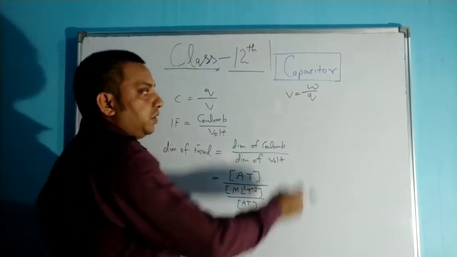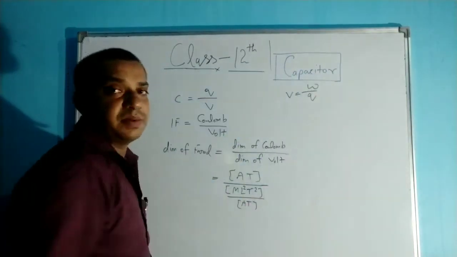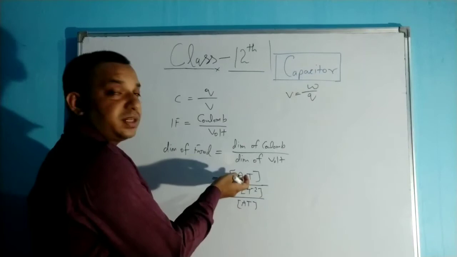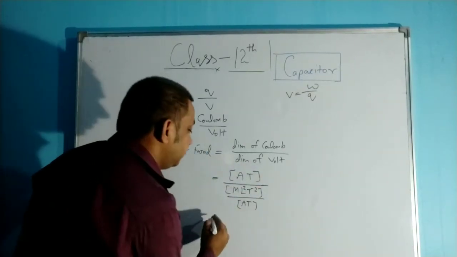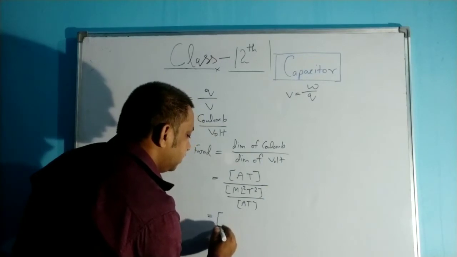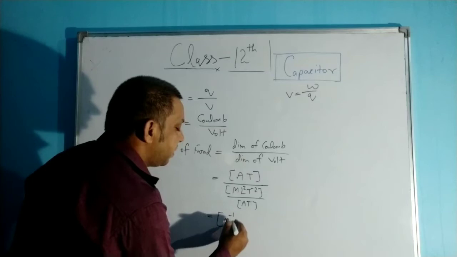So in the case of volt, you write W upon Q, the dimension of W divided by the dimension of Q. Already in the numerator we have written the dimension of Q as AT. Now just simplify this. M in the denominator will go to the numerator and become M to the power minus 1.